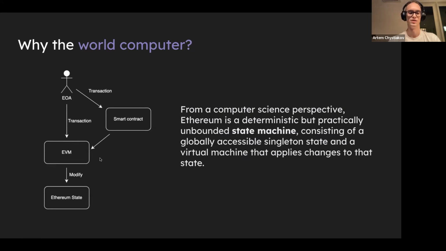So from the user perspective, you won't notice whether you interact with the node or the EVM. But the direct interaction is actually when you're sending a transaction that won't interact with a smart contract. So it is the regular transaction of sending Ether and the transaction of deploying a smart contract.